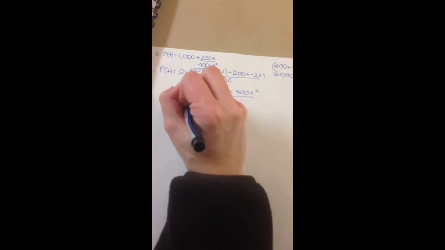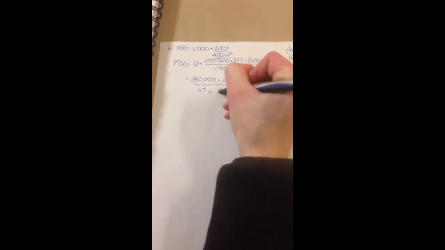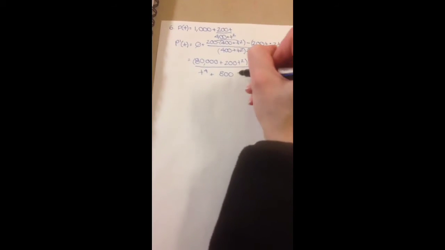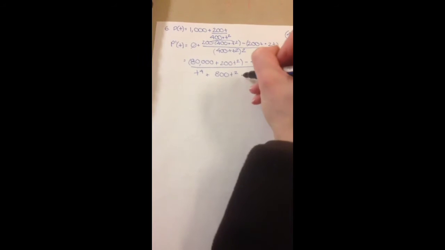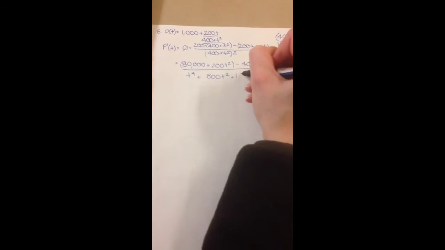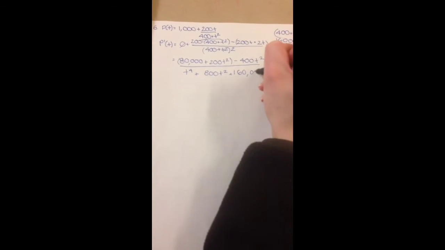Okay, so writing that down here. T to the 4th plus 800T squared plus 160,000.